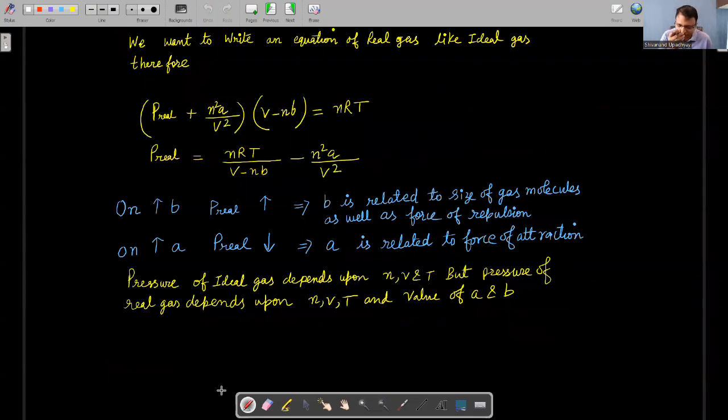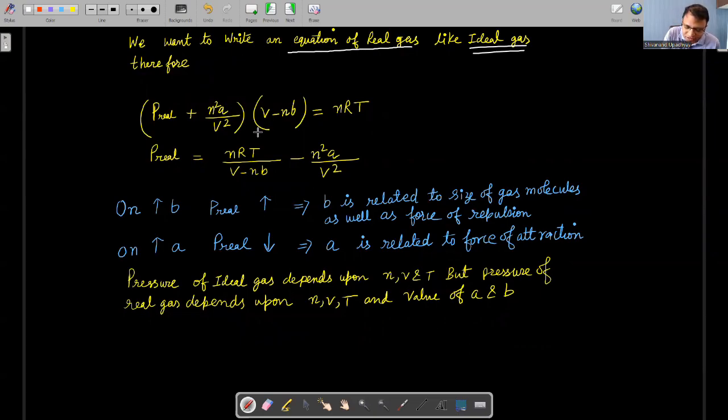So now we are discussing the van der Waals real gas equation. When we want to write a real gas equation, we want to write it like an ideal gas equation. In case of an ideal gas, when we write PV = nRT, V is the volume of the gas, but that volume is free volume, because the volume of gas molecules is negligible.